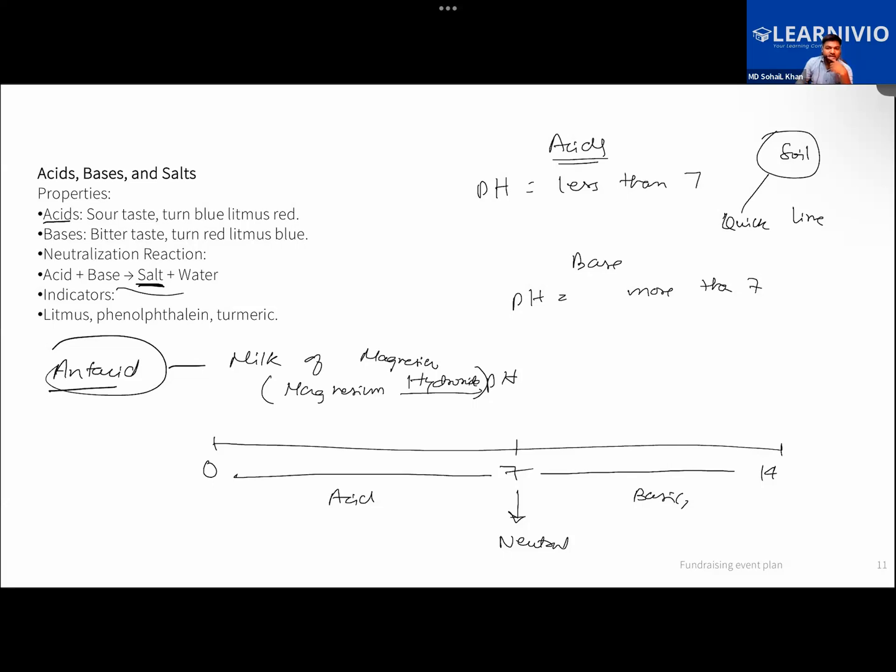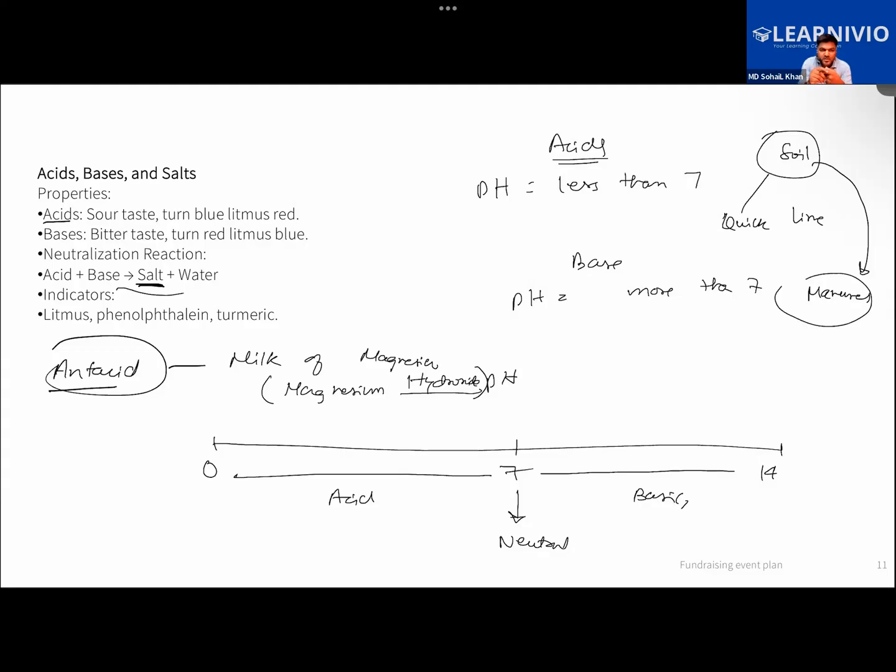But suppose the soil has turned very basic in nature, we need to restore its pH level back to 7. So how can we do so? By adding acidic substances, or substances that will release acids. So there we add manures, because when manures break down in the soil, they release acids. Also, if sometimes we are bitten by bees, the bee sting releases acidic venom.